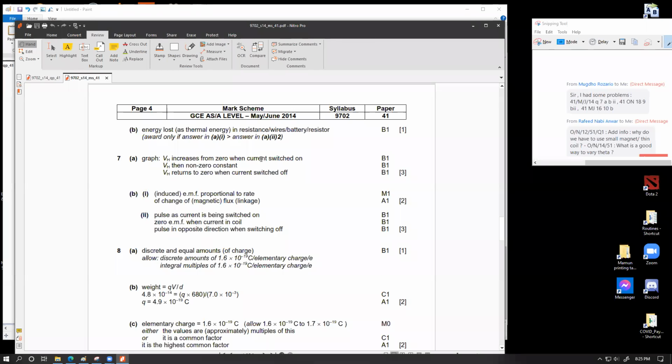Your graph should also score full marks according to this, these 3 points: increases from 0 when current switched on. So if you show a vertical rise when current is switched on to a non-zero constant, a positive or negative value, and keep it constant till the point of the zero, and then at the switching off point you draw a vertical drop and show 0 current for the remaining of the time, according to this mark scheme you should get full marks.